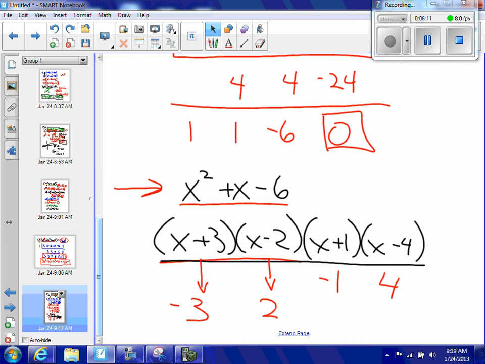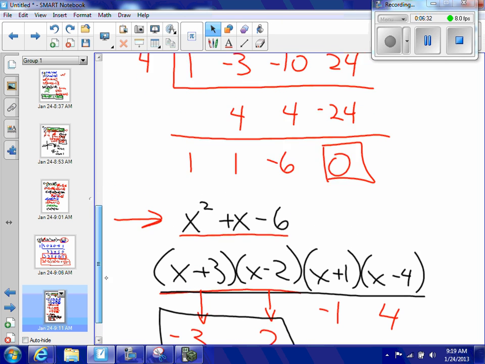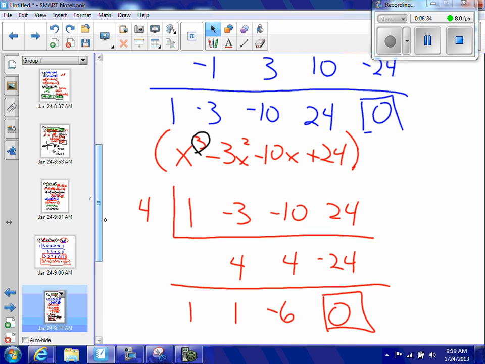Maybe it would have only been depressible down to a cubic or a quartic, and then maybe you'd have to use grouping or some other method to factor. But here we got it down to a quadratic, so finding the additional zeros was not so tough. And the synthetic division we did in the beginning, because I had the remainders of 0, showed that the factors I said were factors were in fact actually factors.